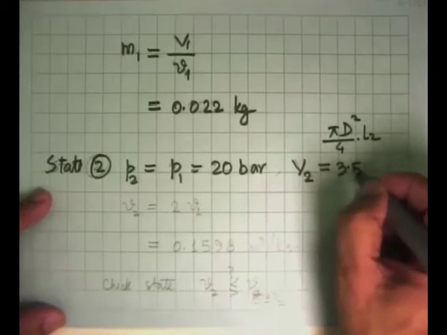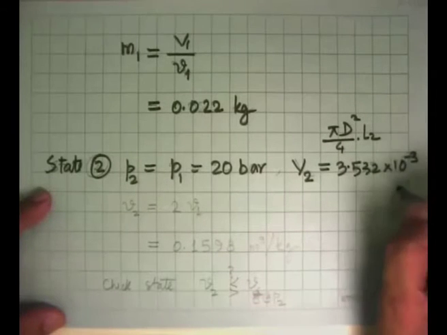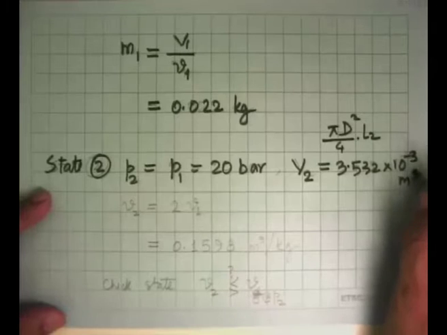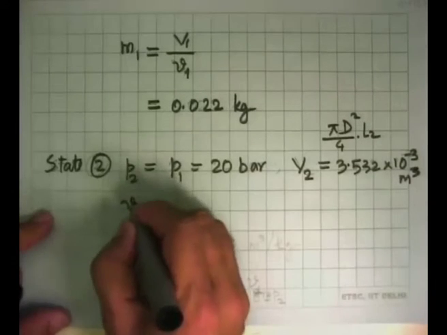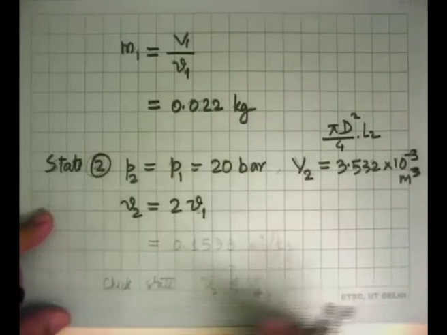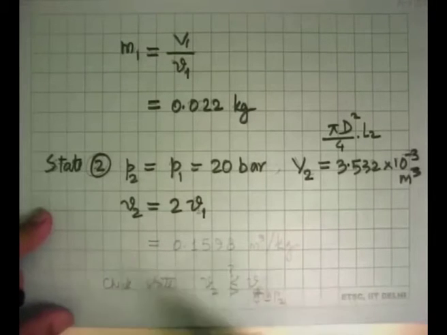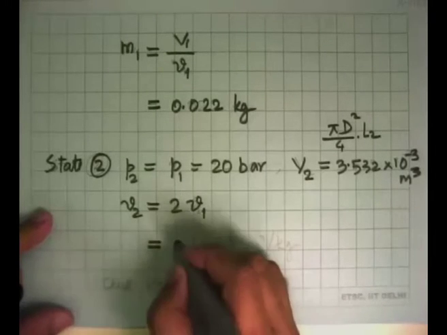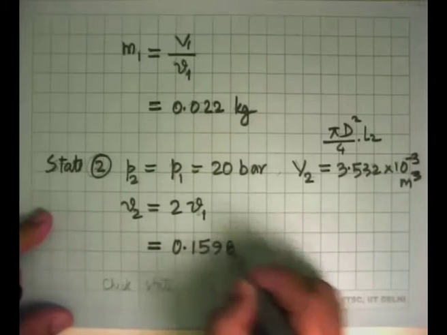This becomes 3.532 into 10 to the power minus 3 meters cube. And from there, we get that V2 is equal to twice V1. And so this tells us that this is 0.1598 meter cube per kg.